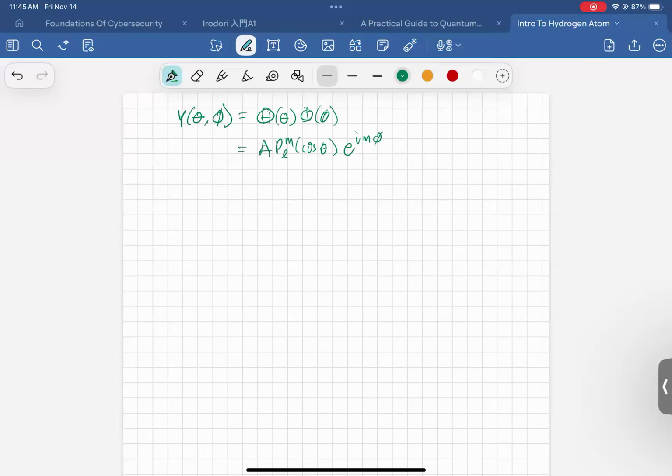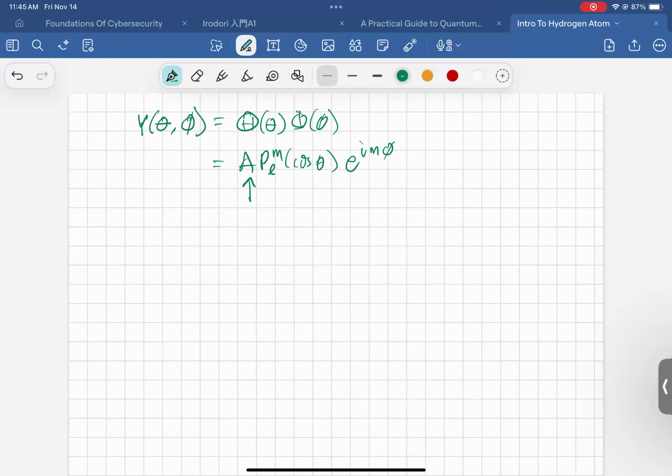Okay. The only thing left to do is to normalize yung function na yan. Okay, and once you normalize, you get an expression for A, and meron ka ng full solution for the angular component.